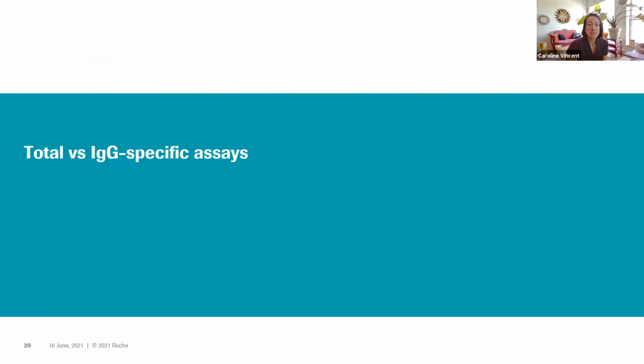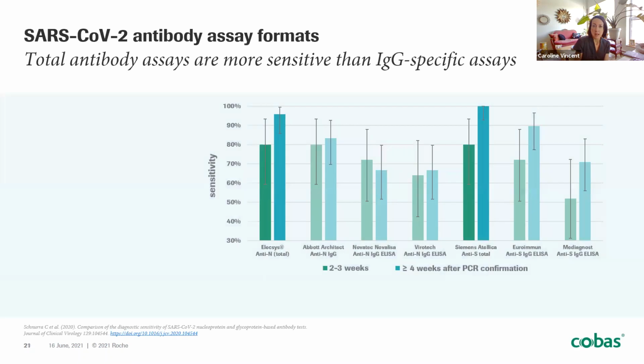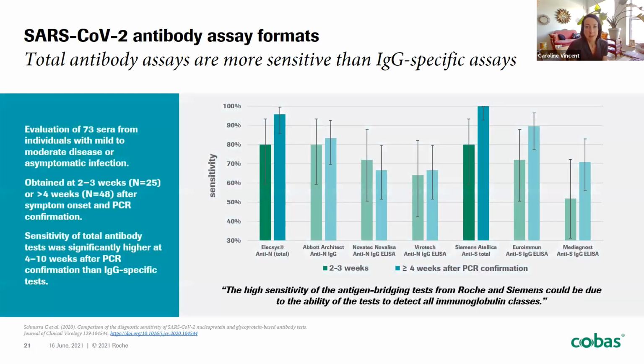In the next few slides, I will show you some data that contrasts total versus IgG specific antibody assays. Here, the authors in the study compared the diagnostic sensitivity of several commercial antibody assays, including the Elecsys anti-N assay. They evaluated a total of 73 blood samples from individuals with mild to moderate disease or asymptomatic infection.